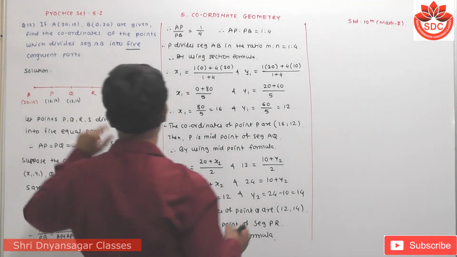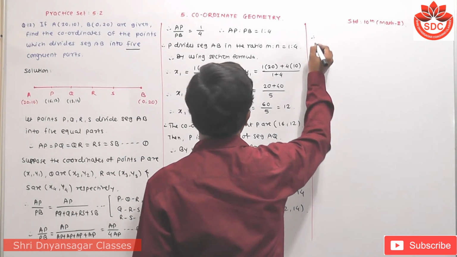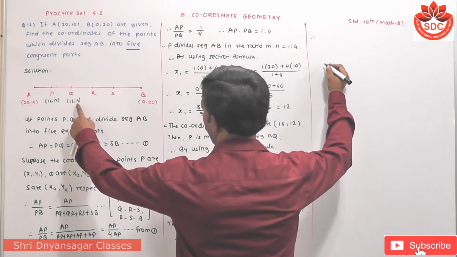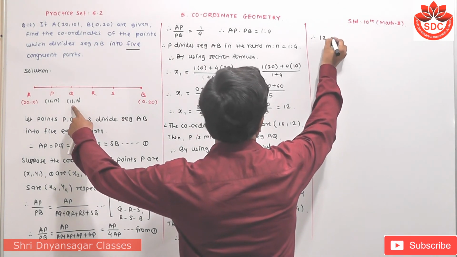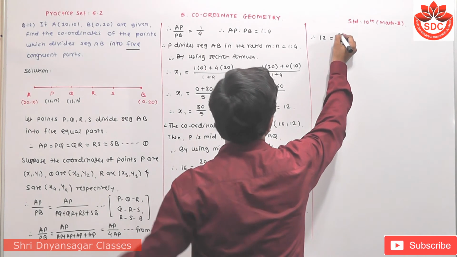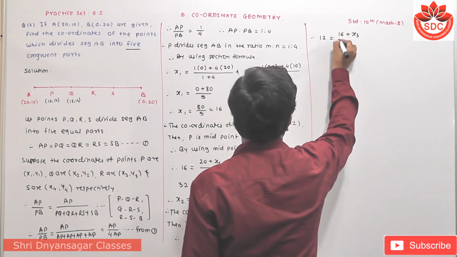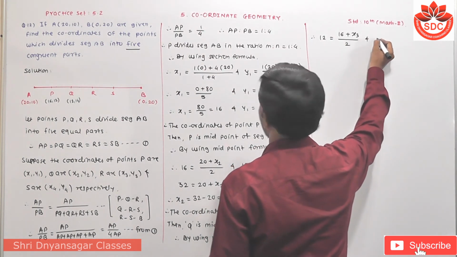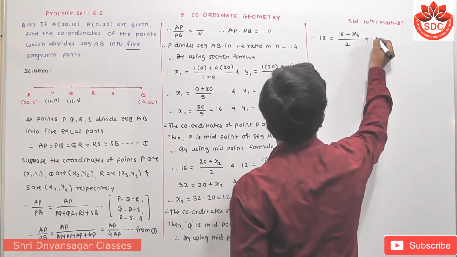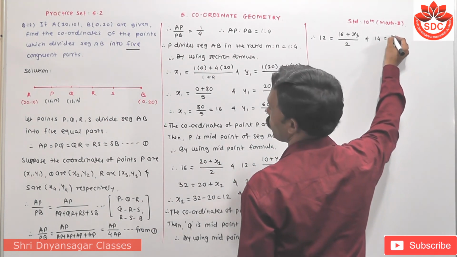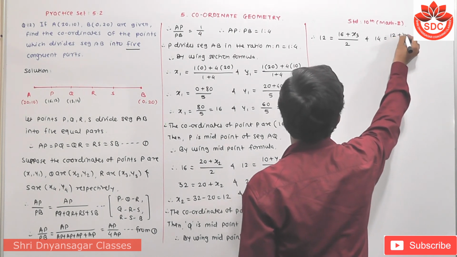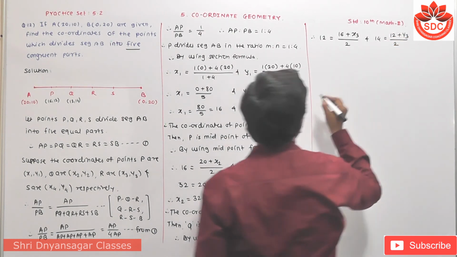So we take directly this formula such that x and y here is 12, which is equal to 16 plus x3 upon 2, and 14 is equal to 12 plus y3 upon 2.